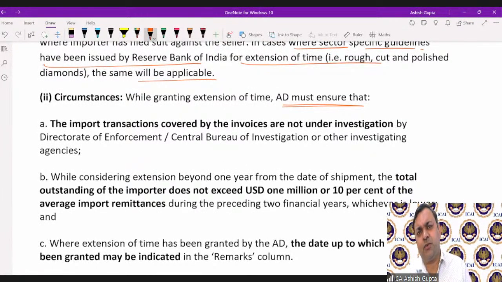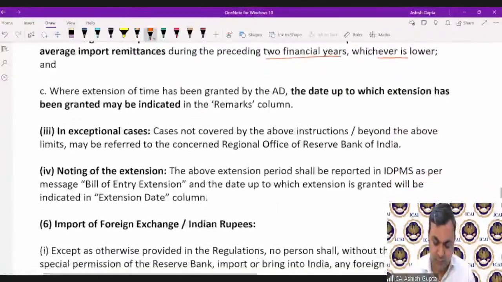The authorized dealer must ensure that the transaction is not covered by invoices which are under investigation; then it is not allowed. While considering extension beyond 1 year from the date of shipment, the total amount remaining unpaid to the foreign exporter is a maximum of 10 lakh USD or 10% of the inward remittance in the previous 2 financial years, whichever is lower.